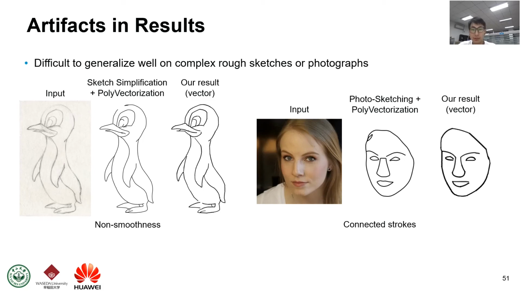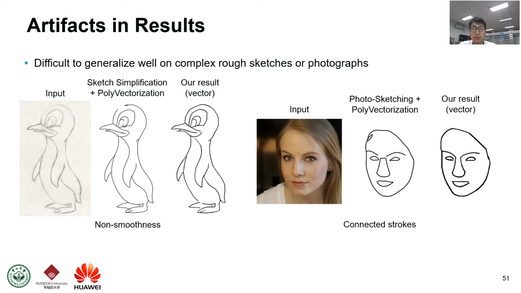Another limitation is that it is still difficult for our framework to generalize well on complex rough sketches or photographs, and it may produce artifacts in some results. For example, in rough sketch simplification, the output lines in our result are not as smooth as those from sketch simplification.